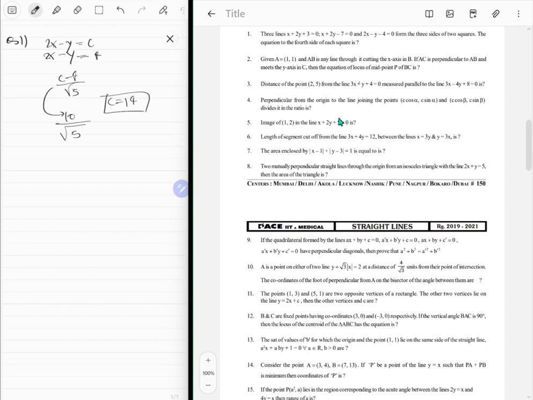So if c is 14, then the other side would be, mod of c minus 4 equal to 10. So it's 14 or it's minus 10 plus 4, which is minus 6. So it's 2x minus y plus 6 equal to 0, or 2x minus y minus 14 equal to 0. That's it. Those are the two fourth sides.